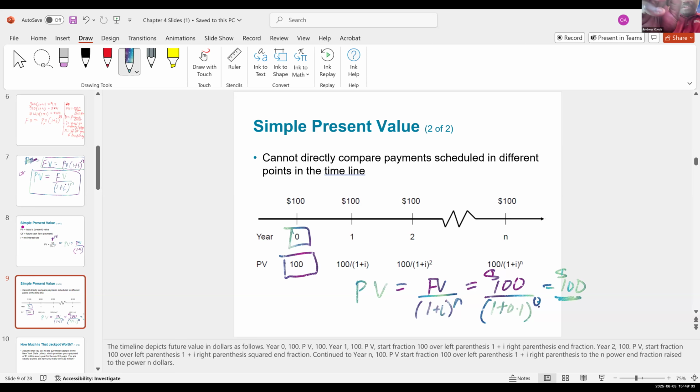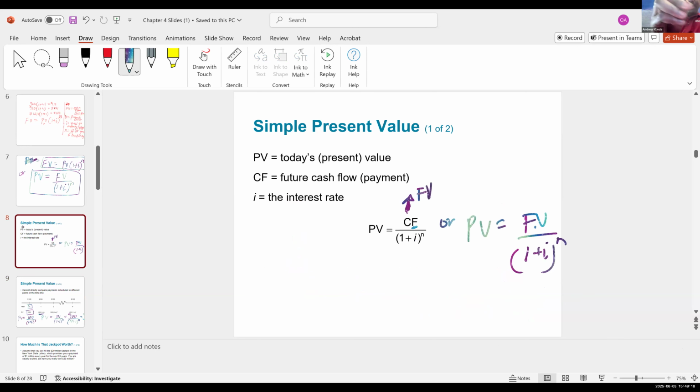But the present value of $100 that gets paid to you 1 year from today, you're going to have what? PV equals future value. So $100 is going to get paid to you next year. Next year means 1 plus the interest rate raised to the power 1. Okay.